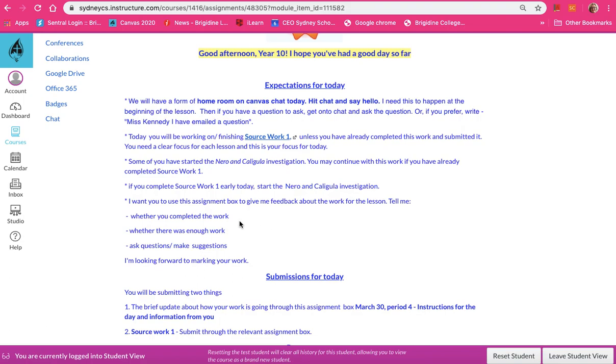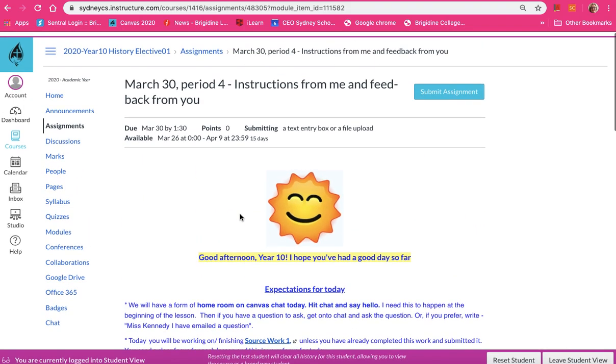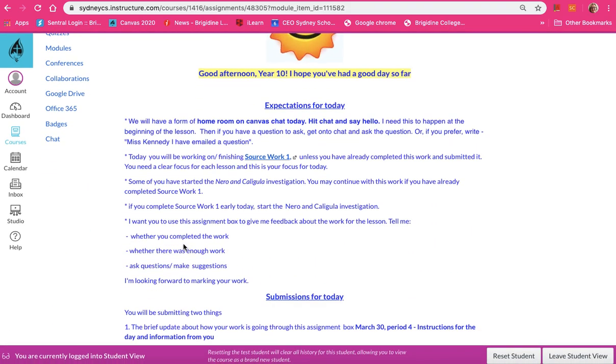It took me a little bit of a while to get myself organised. I'm going to need some more time to do that work. That's okay. Just tell me how it is, but check in with me through this assignment box. Tell me whether you completed the work, whether there was enough work, ask questions or make suggestions.